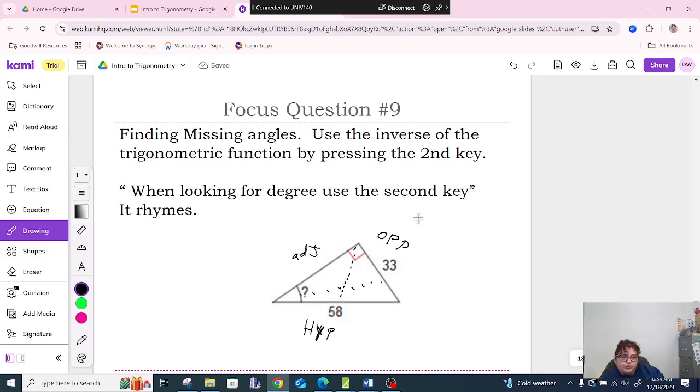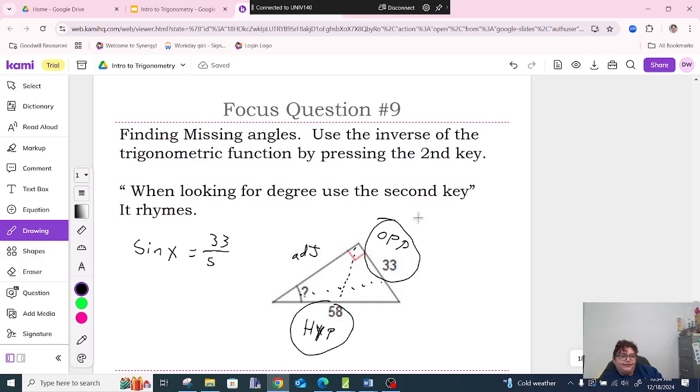I'm going to circle the ones that I have here. What uses opposite and hypotenuse? Sine of, and I could use a theta or I could use an x. Students get confused when I put theta, so I'm going to use an x.